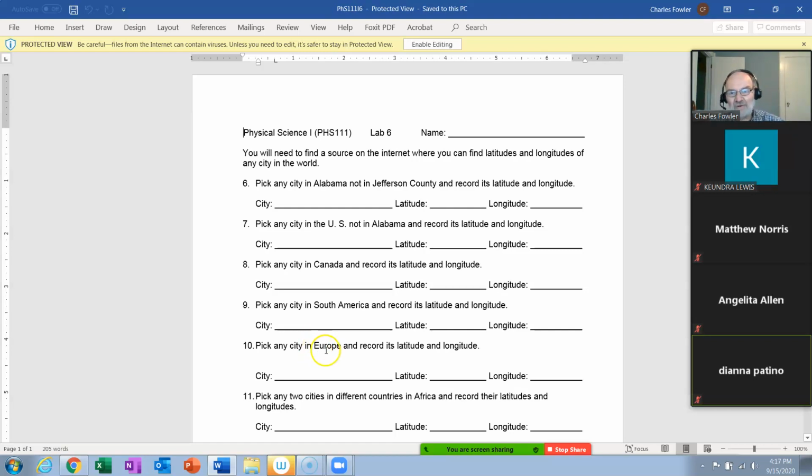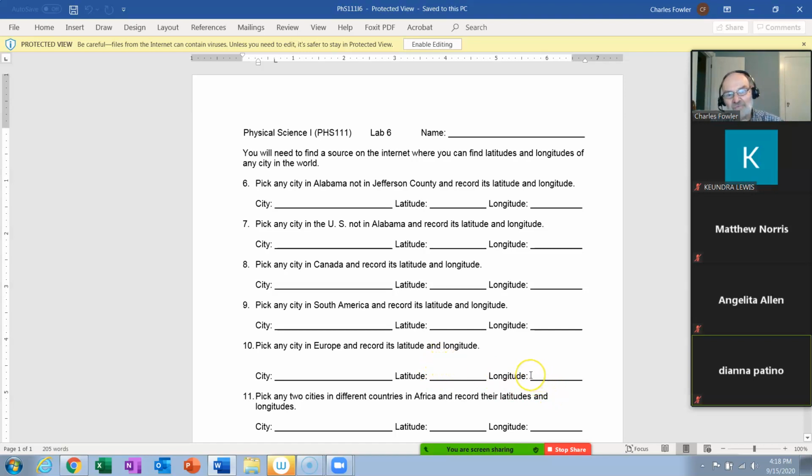Pick any city in Europe. Write down the city here, and you probably need to give the country too. Anything outside of Canada, like South America, give the city and country. In Europe, city and country. Latitude, in Europe, all going to be north, I guarantee, but these latitudes will be anywhere probably from, again, the 30s up to the 60s or so.